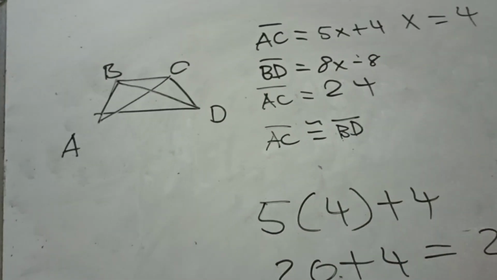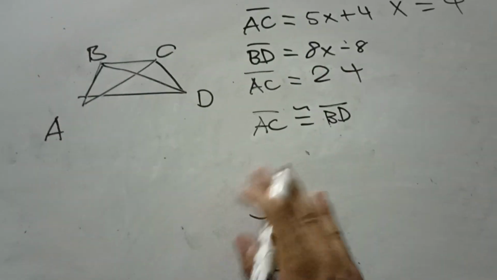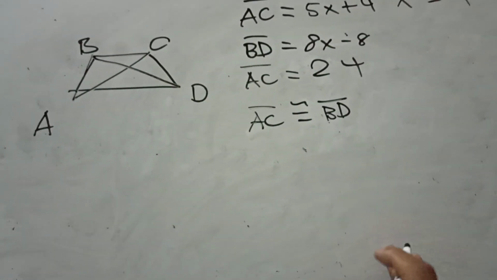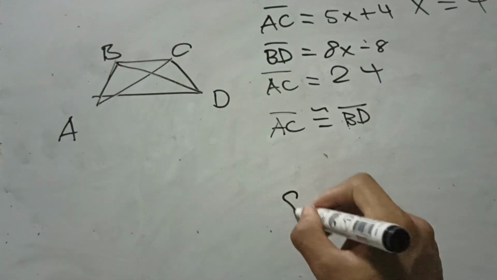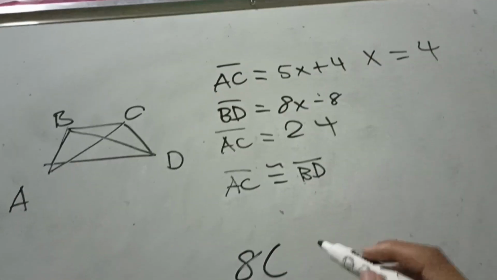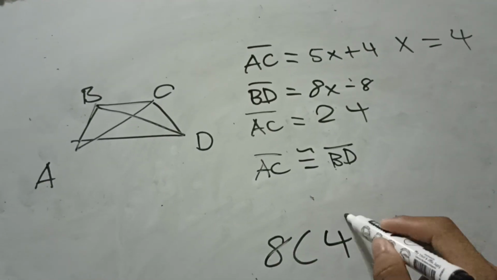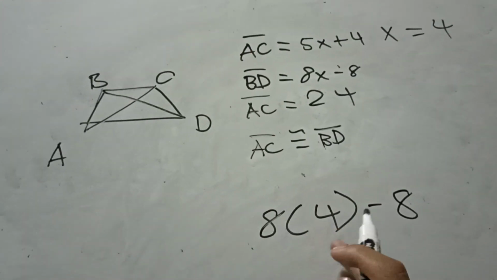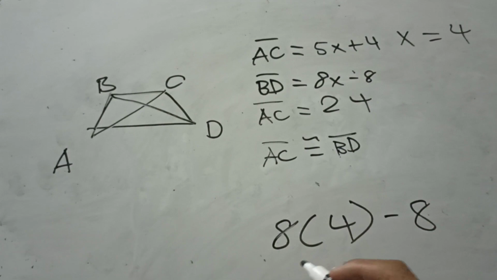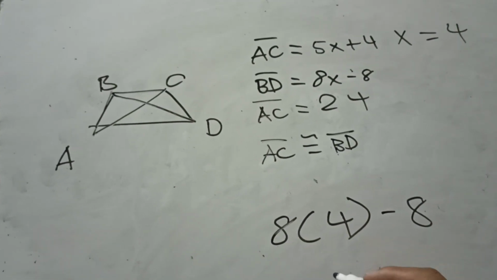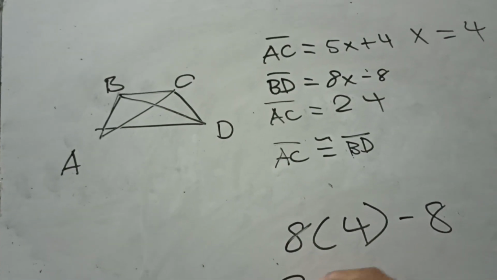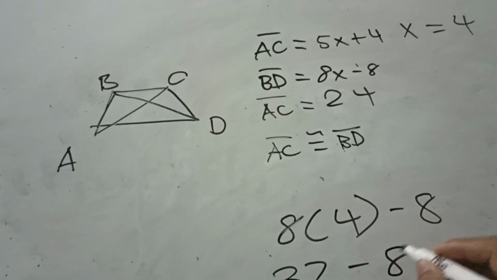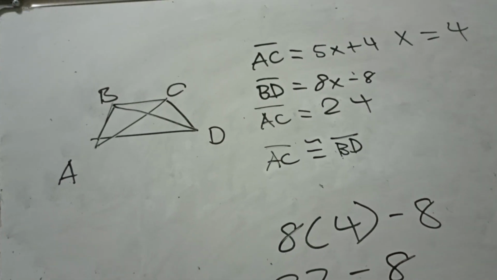Let us solve for BD as well, since we already have x. 8 times 4 minus 8. 8 times 4 is 8, 16, 24, 32. 32 minus 8 is equal to 24.